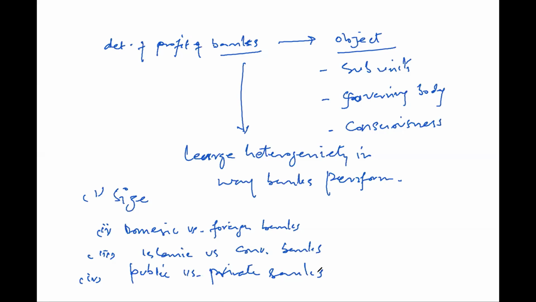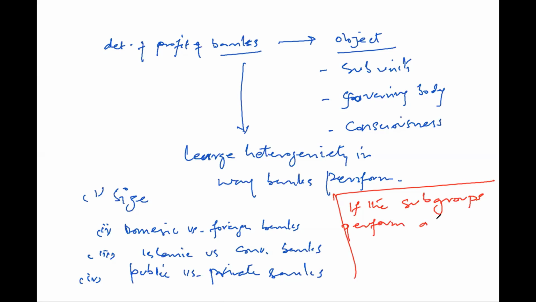The reason is that if the subgroups perform differently, it will start to create a problem.